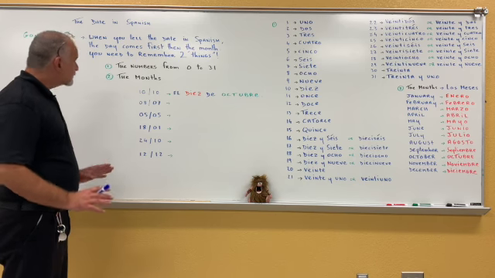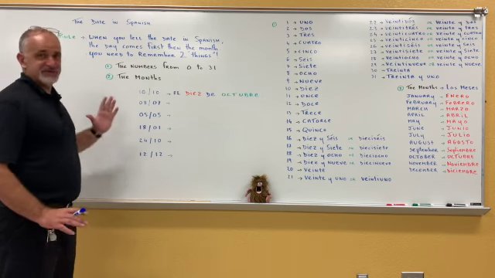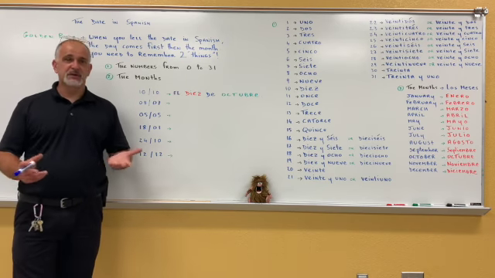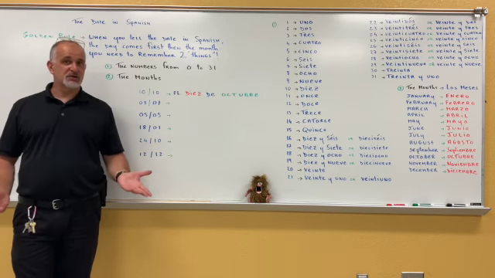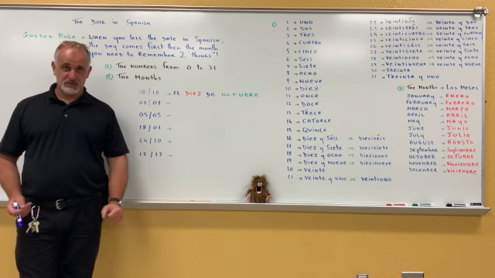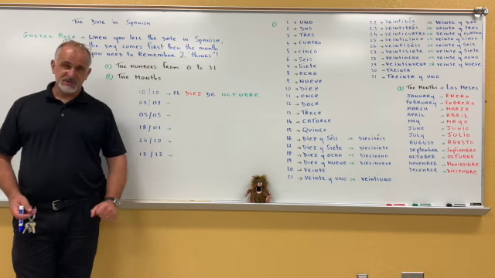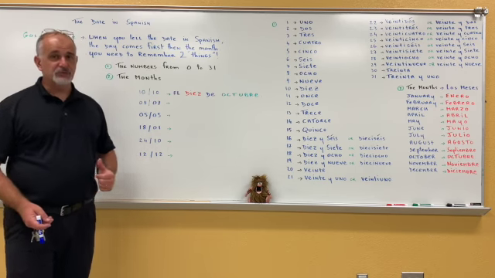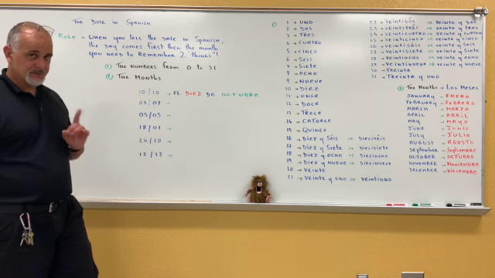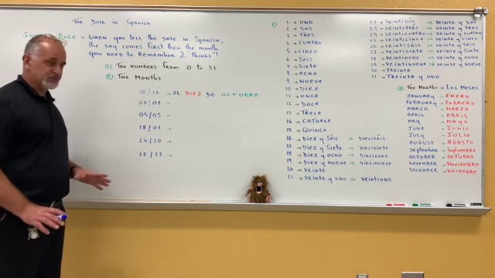So the thing is, if you want to master how to tell time and how to give the date in Spanish, you're gonna have to remember the numbers, okay? For the sake of the date, you're gonna have to remember the numbers from 1 all the way to 31, yes. And what you're gonna do here is very simple.